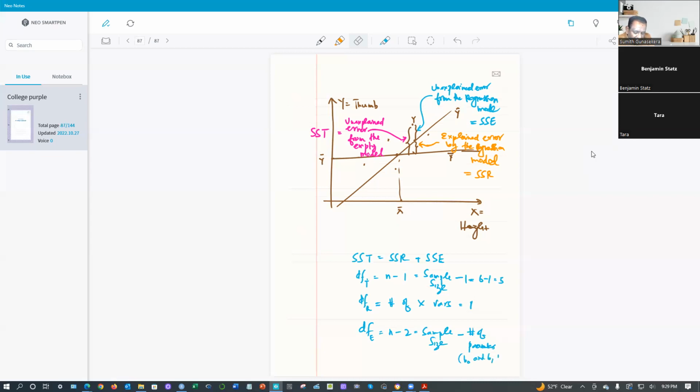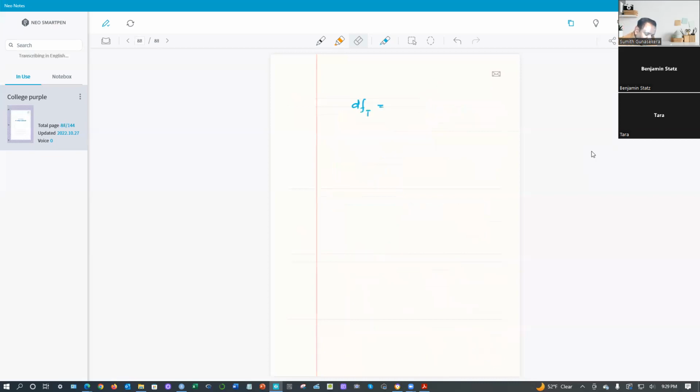Therefore, 6 minus 2, which is 4. They also have a connection. They've been outlined here. Then degrees of freedom of total should be the same as degrees of freedom of regression plus degrees of freedom of error.